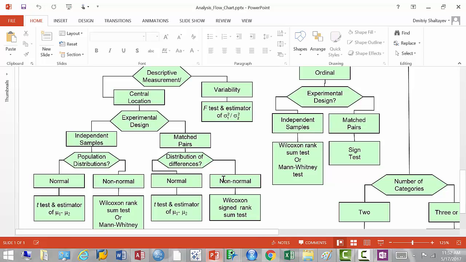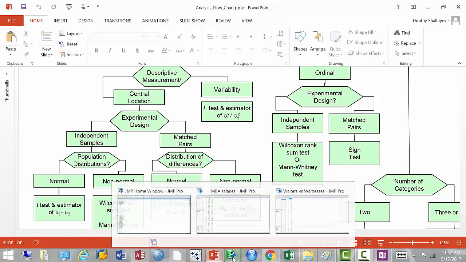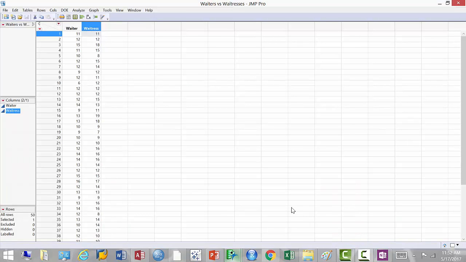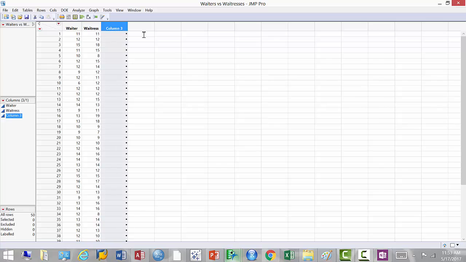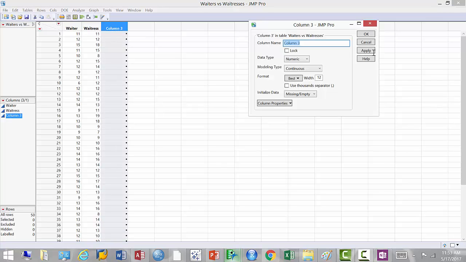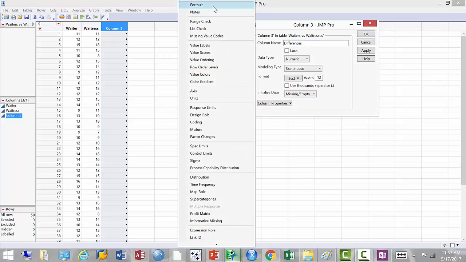It all depends on how the differences are distributed. So just like we did before, let's compute a third column of differences. This is an extra step that we unfortunately have to perform on the data. I compute the column of differences, and there should be a formula behind that.